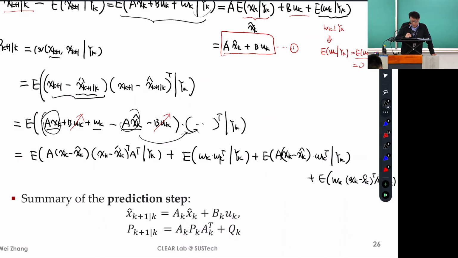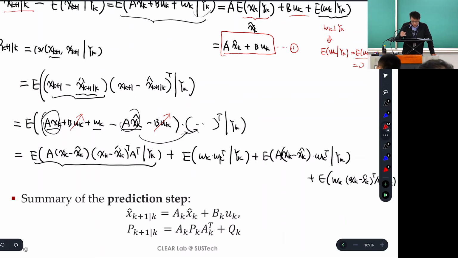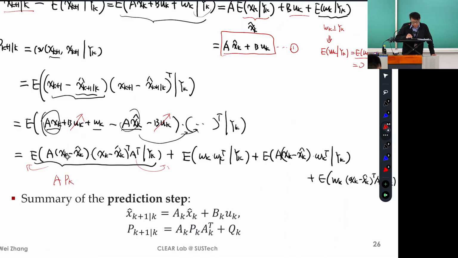So the first question I'm asking you, what is this? If you move this out, what you get is A times Pk. Pk is just the covariance of xk given yk, right? Times A transpose, that's the first term. Plus this term, is this 0? No, it's the covariance of WK given yk.